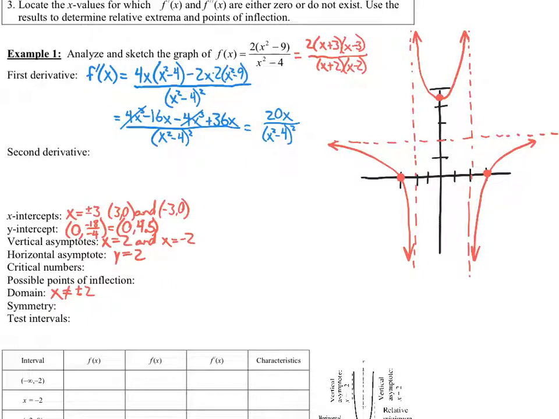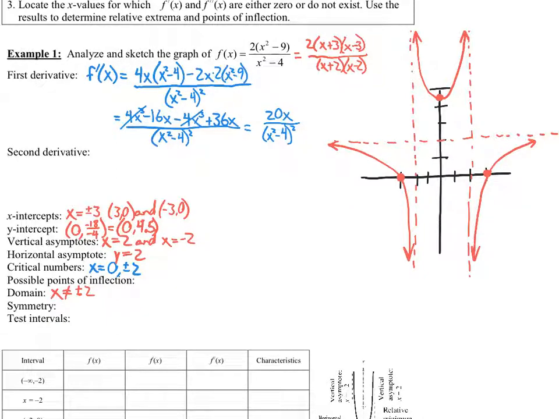Critical numbers are when it equals 0 or is undefined, okay? This is the stuff we have to know really well at this point, guys. So our critical numbers here: what's going to make it equal 0? 0. What's going to make it undefined? Positive or negative 2.